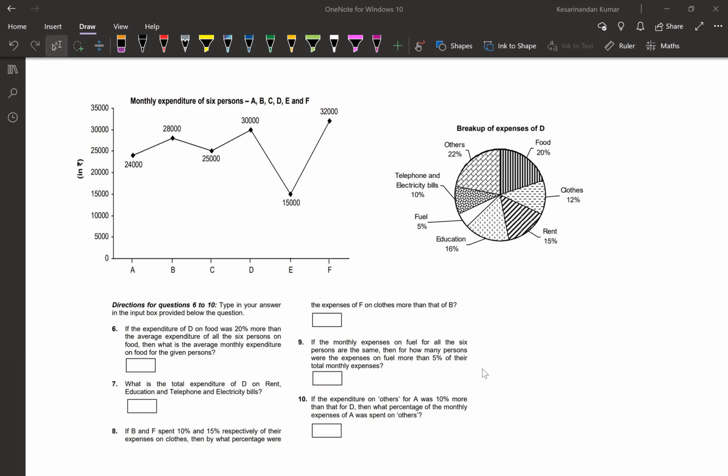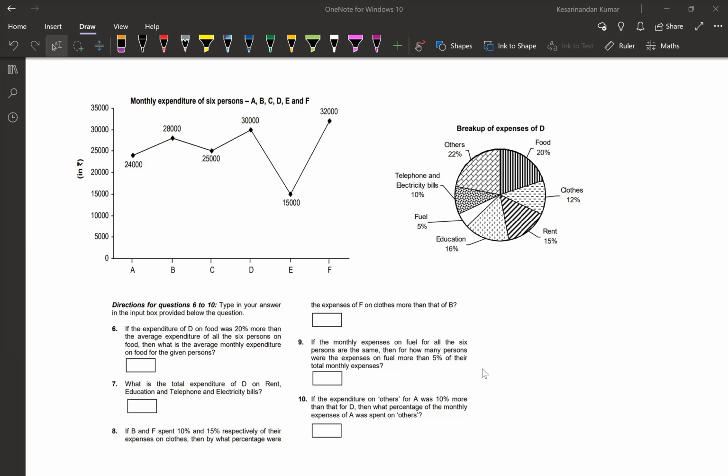Okay, coming to the 9th question. I'm just explaining the question. I'm not giving the hint. It is given the monthly expenses on fuel for all the 6 people are same. Now your approach would be the breakup of expenses of D. You can calculate the expense of fuel from there.